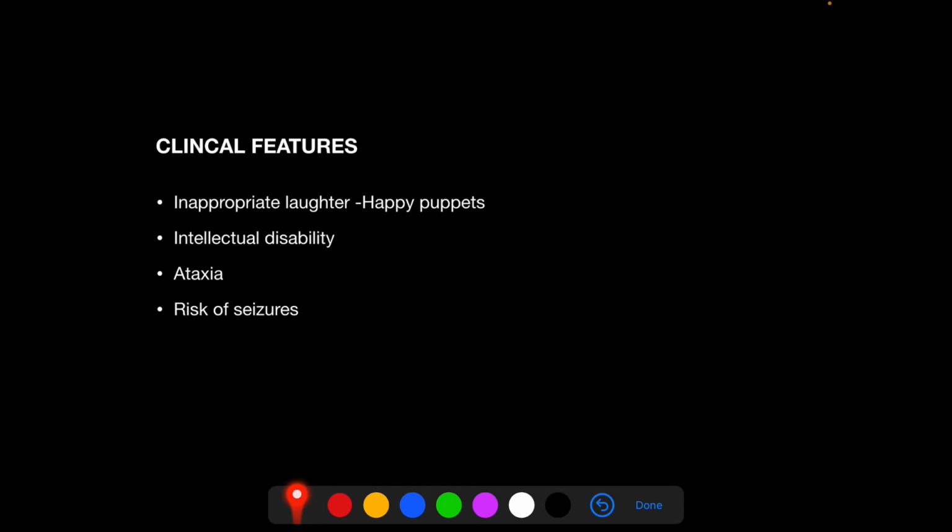They typically present with inappropriate laughter, hence they are known as happy puppets, and they have intellectual disability, mental retardation, ataxia, and the parents should be warned about the risk of the seizures that may develop in these children.